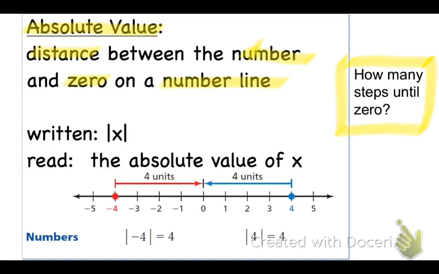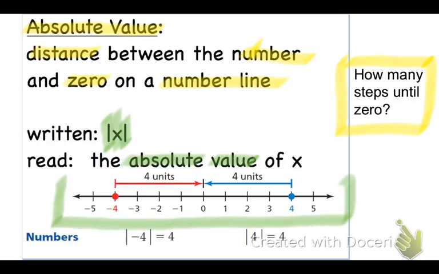Now, we have a really fancy way in math to write this, and it's this line, then the number, and then the other line. It's read as the absolute value of x. On your paper, copy that down. And we're going to do our examples. These are both examples of what it is. So pause the video, copy this down.